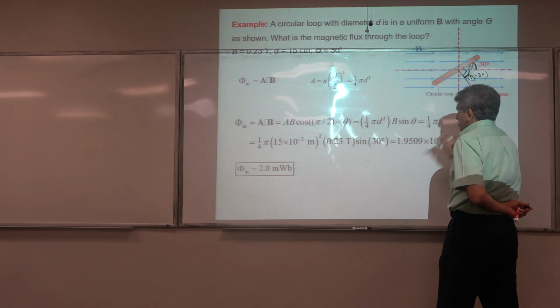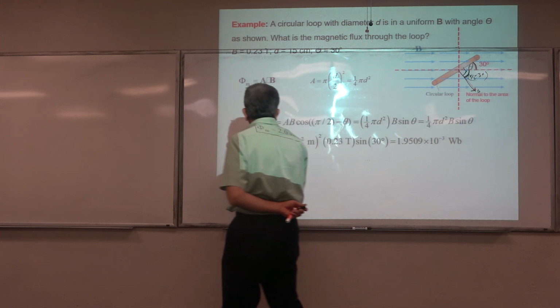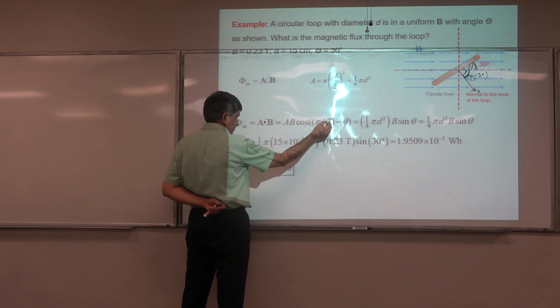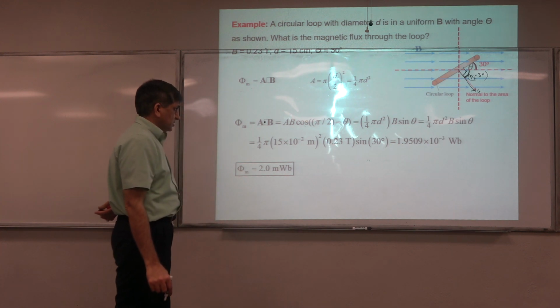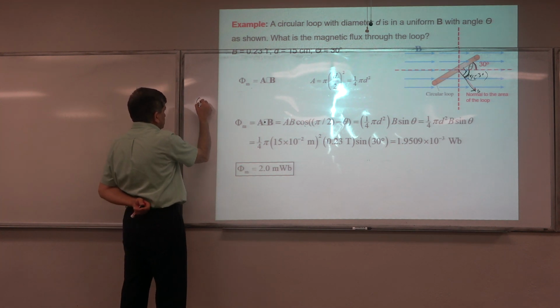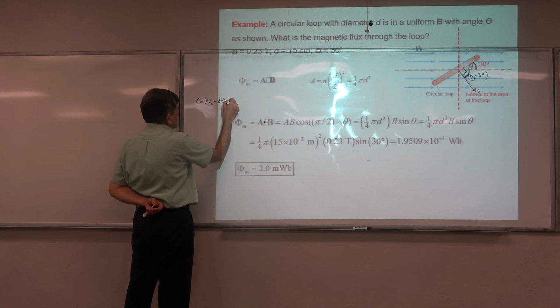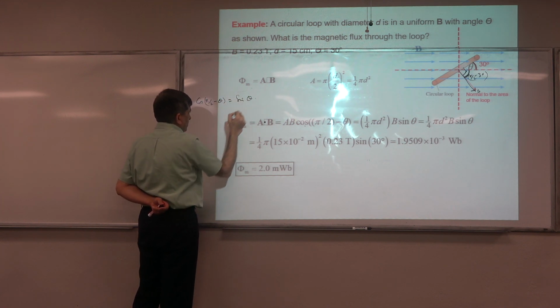So that will be the angle in the cosine. Which means A dot B or B dot A involves the cosine of pi by 2 minus theta. And cosine of pi by 2 minus theta is equal to sine of theta.